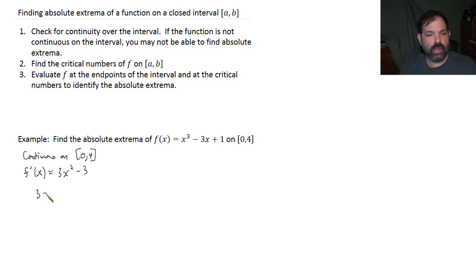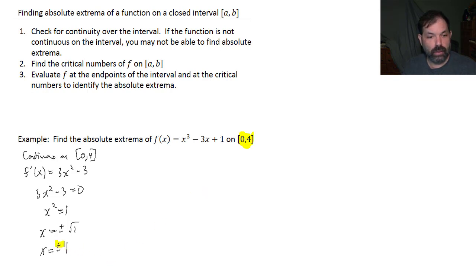So let's just set 3x squared minus 3 equal to 0. Then add 3 and divide by 3, x squared is 1. And so x is positive or negative square root of 1, so x is positive or negative 1. Now, on our interval [0, 4], there's only one critical number.